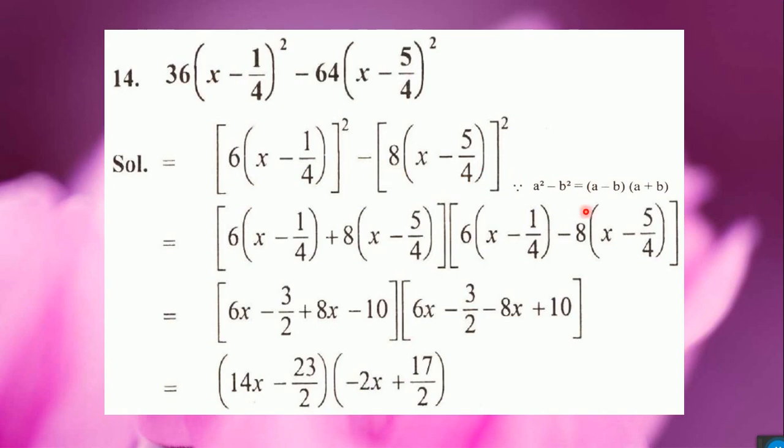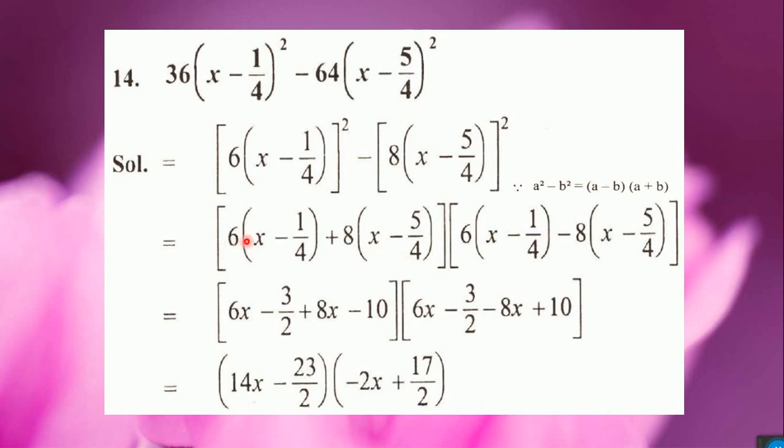Now write its right hand side form, that is a minus b and a plus b. Now it's our choice. We can write first a plus b form or a minus b form. It doesn't matter if we write a plus b first or a minus b first. Okay. Now here we are writing a plus b form first.